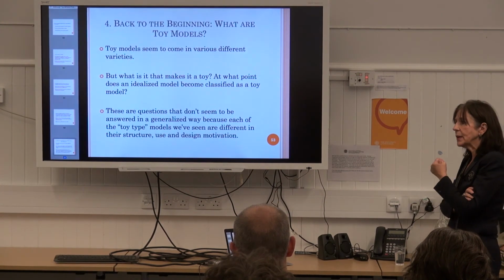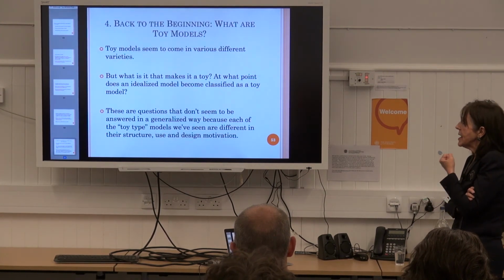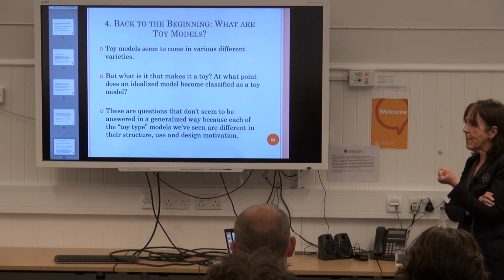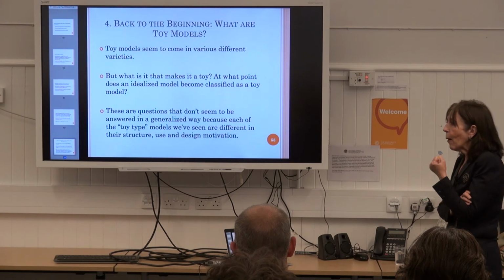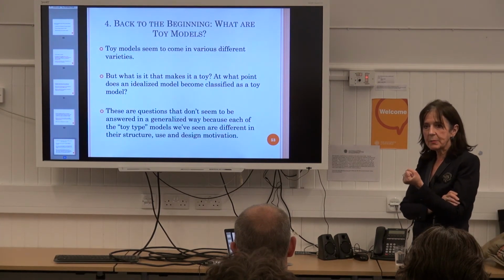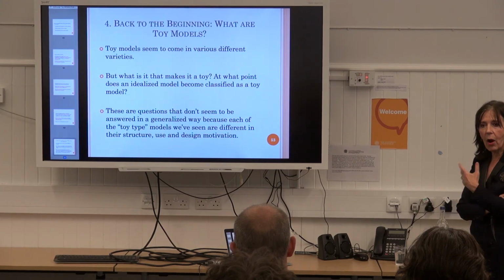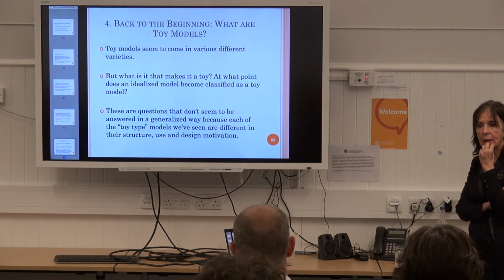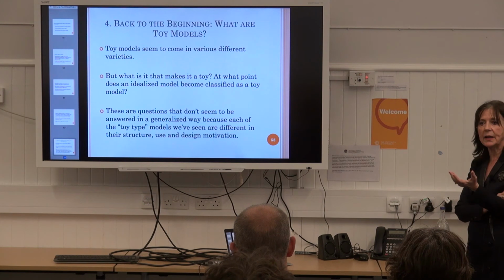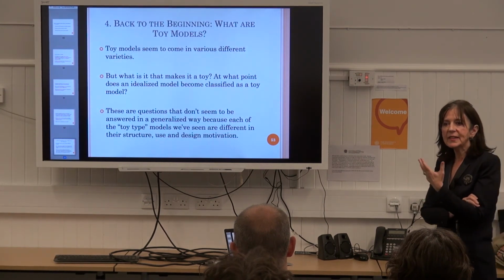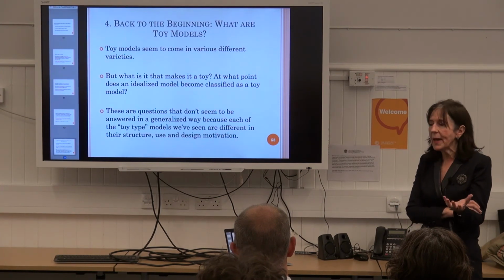But the question that I'm hung up on is, what is it about these models, especially the mathematical ones, that makes them toys? At what point does an idealized model become a toy model? Hartmann and Reutlinger have said it's when it's not embedded in a theory, but mostly these models are, in some way or another, embedded in a theory.